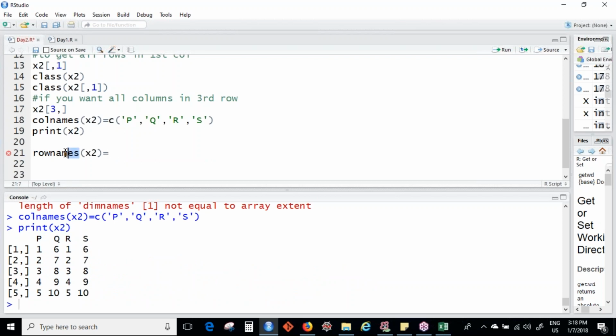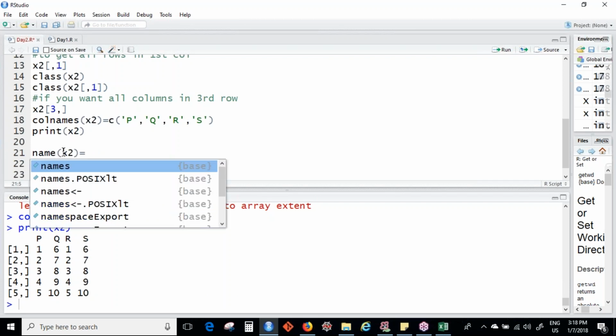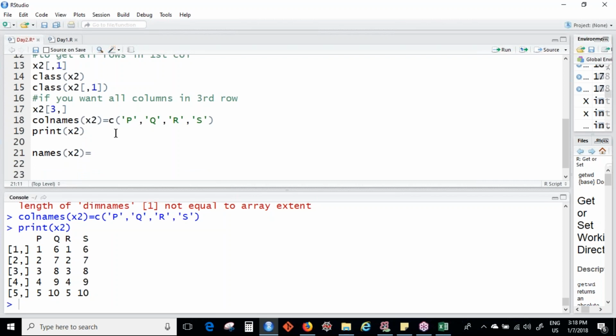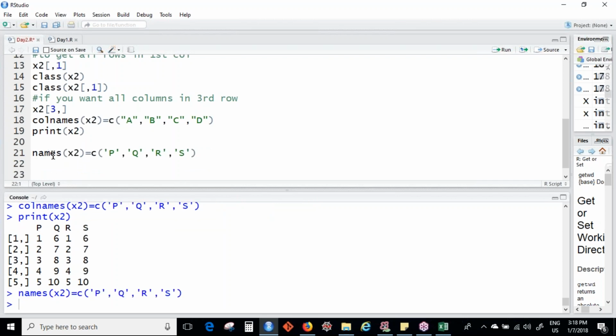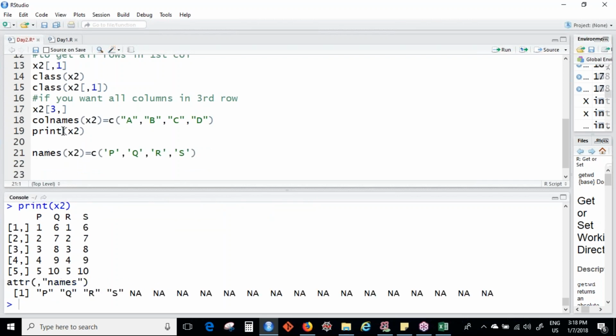I think this function, instead of rownames, is just names. Let me try just the names. Nope, I think there is no such function.